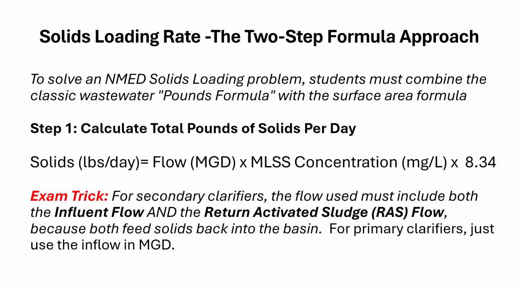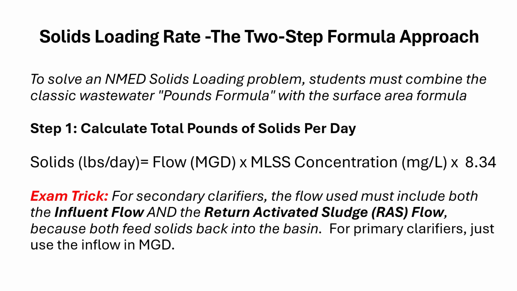So there's a two-step formula approach here for a solids loading problem. The idea is we've got to do two things. For the denominator, we have the surface area of the clarifier. The numerator, the top of that fraction, we're going to go back to our pounds formula.